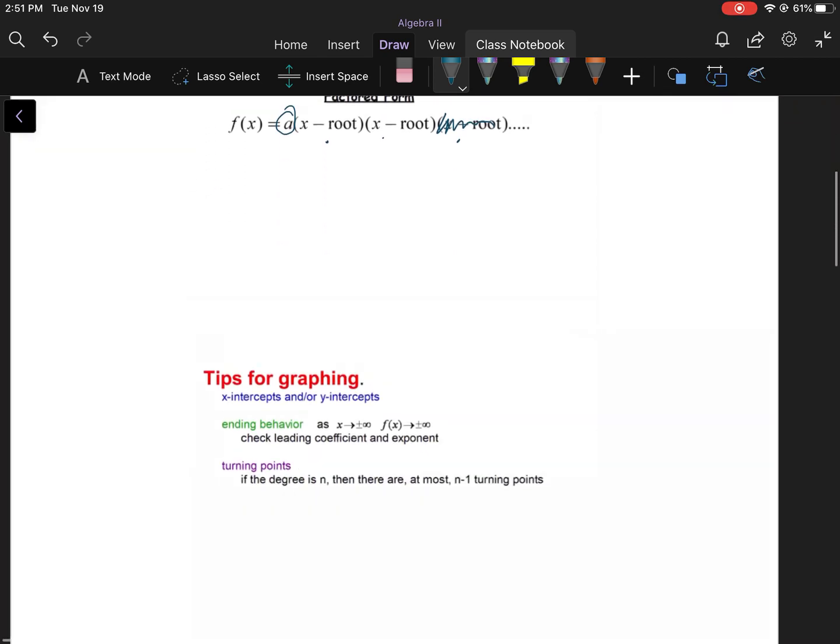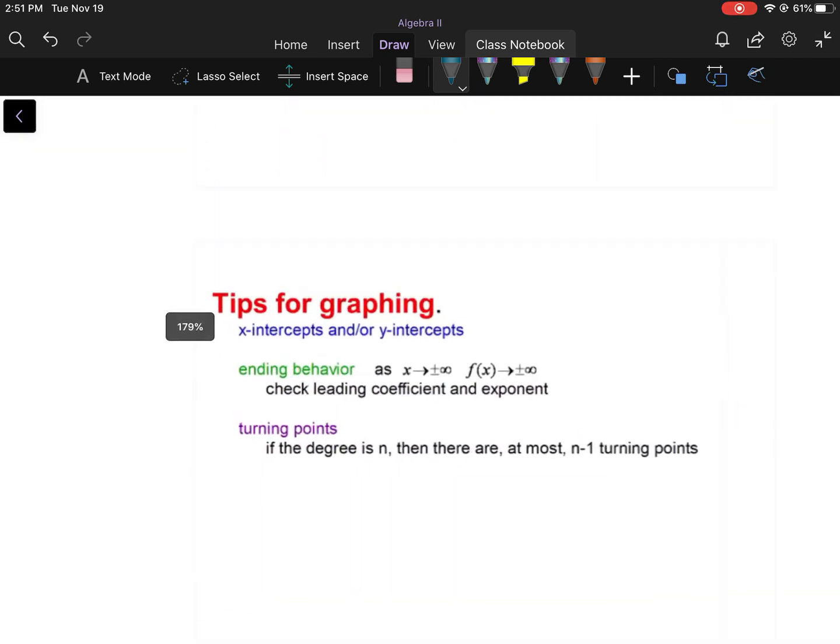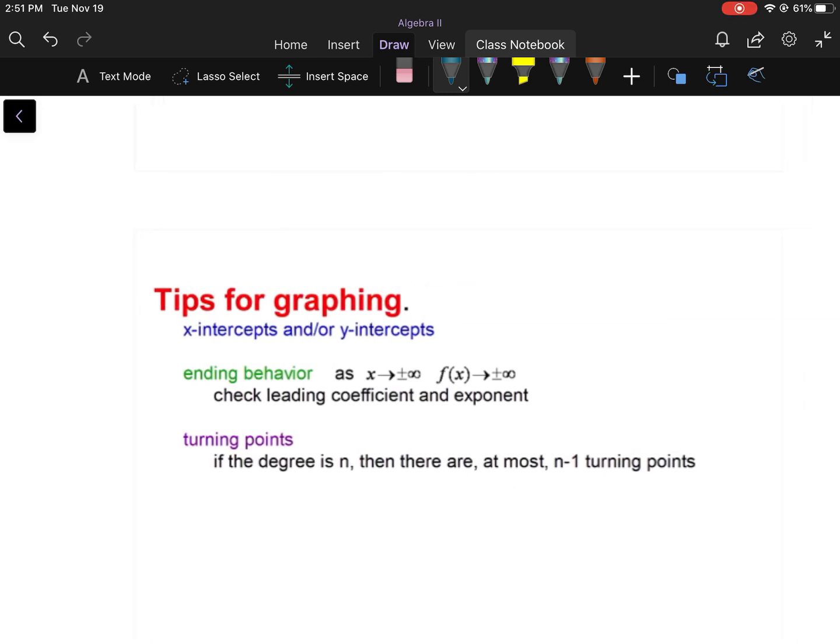Another couple things that could help you, or tips for graphing, is you could find the x-intercepts. So that means you're going to put in y is equal to 0, or you'll take each of your factors and set them equal to 0 to find those x-intercepts. To find the y-intercept, you would put x equal to 0 into your function and find out what y value spits out.